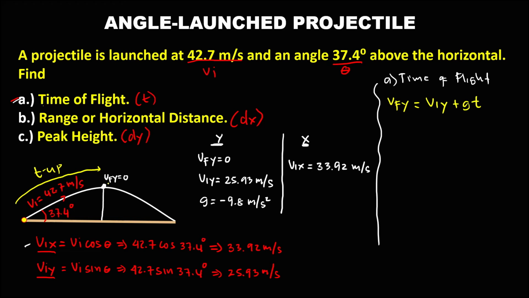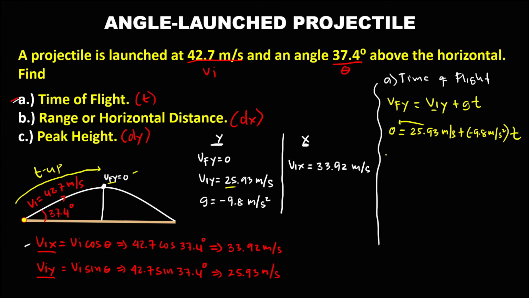So we're using the final velocity equals 0. So the final velocity 0 equals the initial velocity for y, that's 25.93 meters per second, plus the gravity, negative 9.8 meters per second squared, times the time. Then transpose.